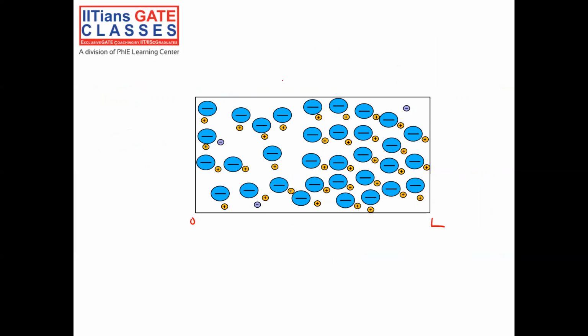So this is a P type semiconductor of non-uniform doping. You see this one, these were the boron or acceptor atoms.